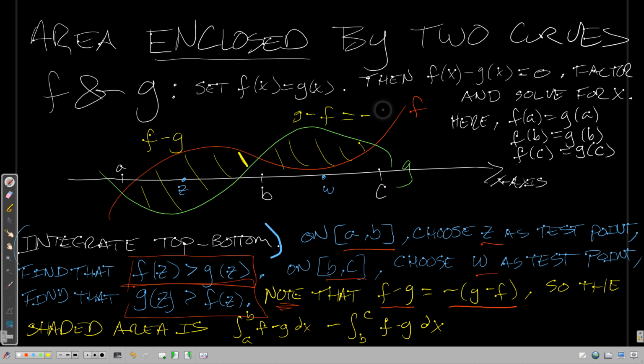G minus F is the same thing as the negative of F minus G, is what I'm trying to say.